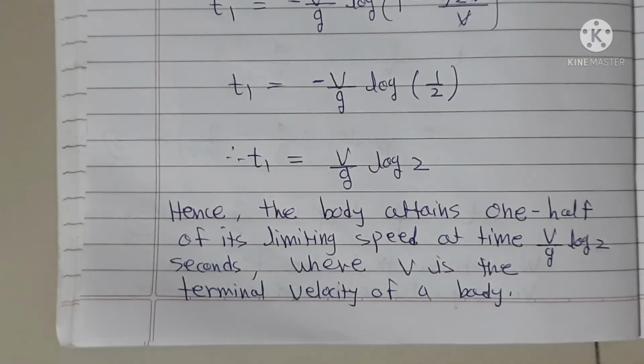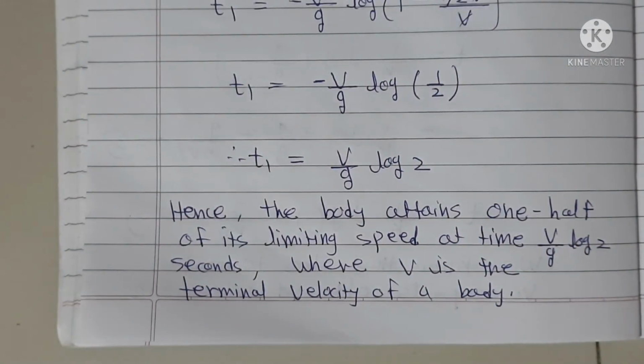Now we are introducing the new term, terminal velocity. Terminal velocity is when resistance becomes equal to the weight, and the acceleration becomes 0.